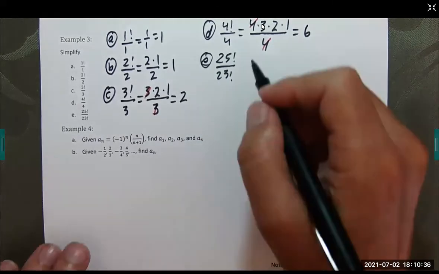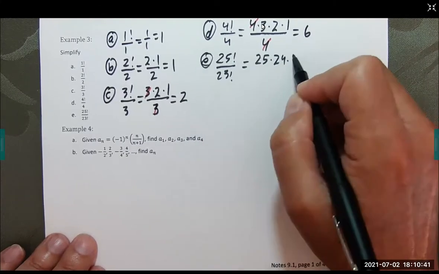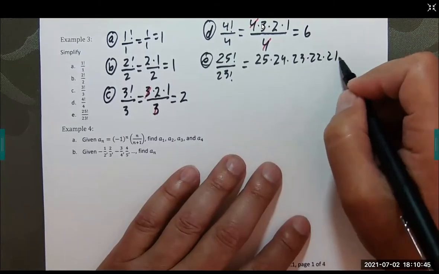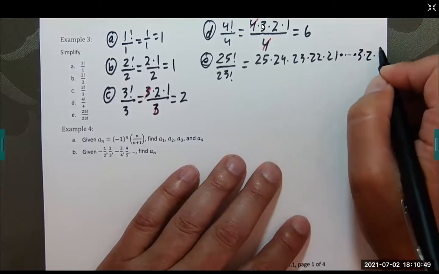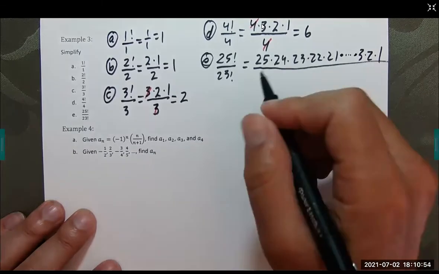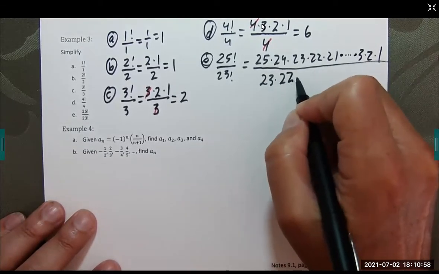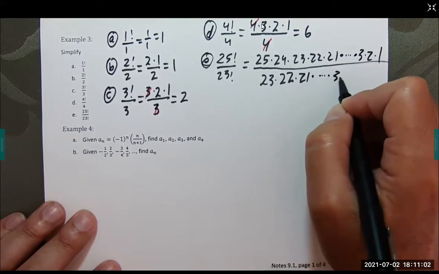Now, 25 factorial is 25 times 24 times 23 times 22 times 21 times dot, dot, dot, times 3 times 2 times 1, over 23 factorial, which is 23 times 22 times 21 times dot, dot, dot, times 3 times 2 times 1.